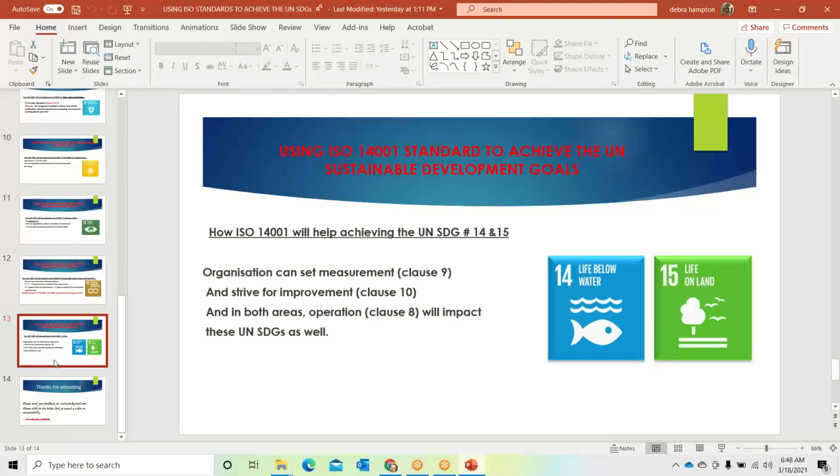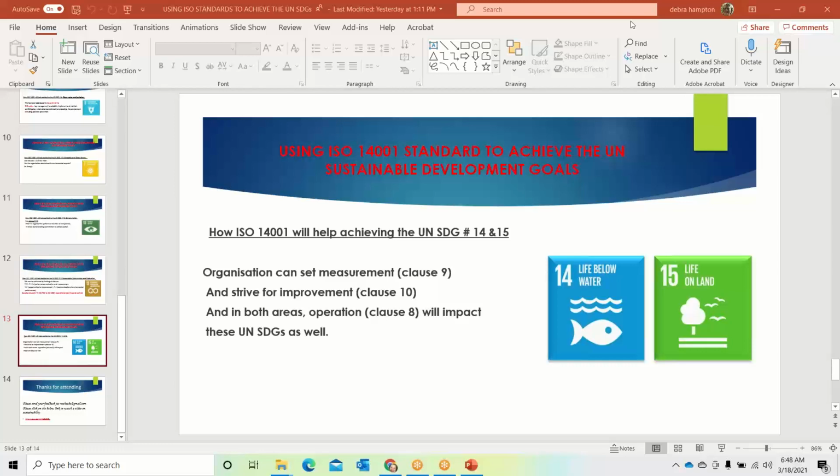Can you see it properly? Life below water and life on land. Yes. So how are we going to use this management system or standard to meet Sustainable Development Goal number 14 and 15?